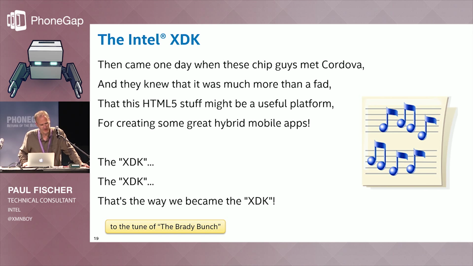Then came one day when these chip guys met Cordova, and they knew that it was much more than a fad, that this HTML5 stuff might be a useful platform for creating some great hybrid mobile apps. The XDK, that's the way we became the XDK.